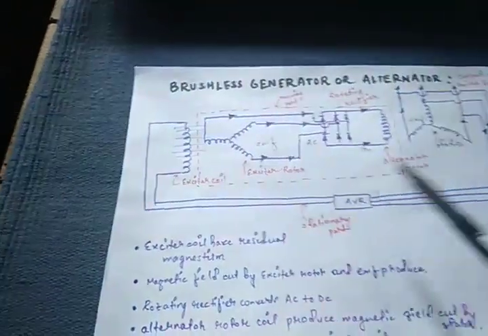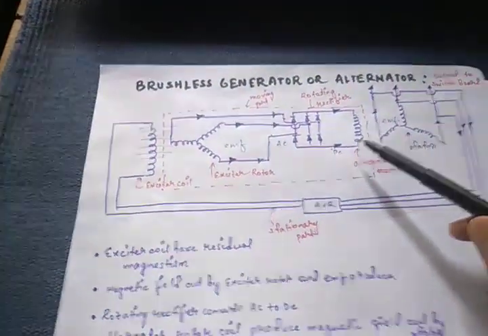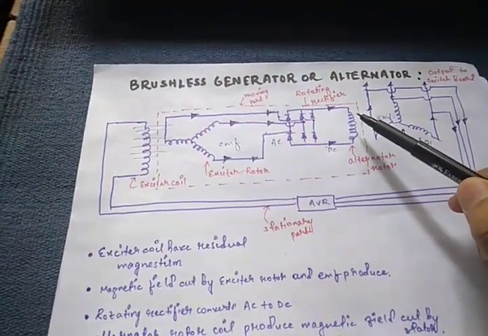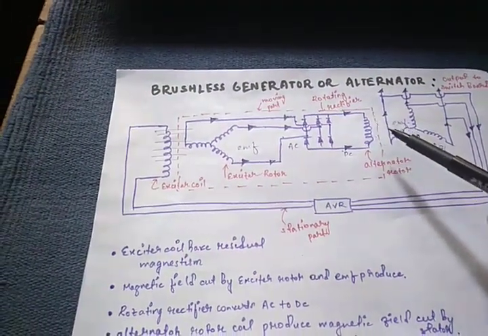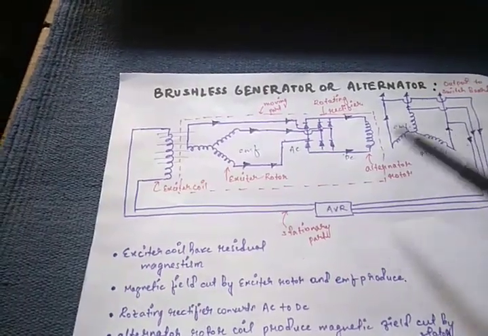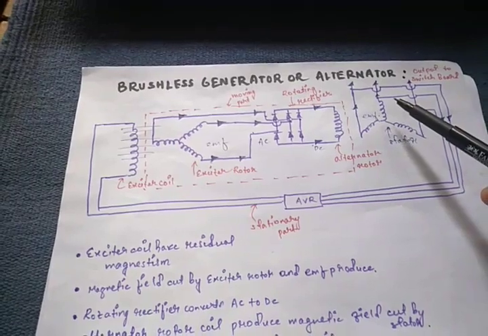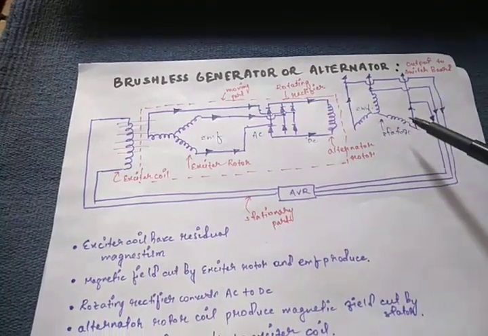This DC goes to the alternator rotor, which will further produce a magnetic field, and this is cut by the stator.